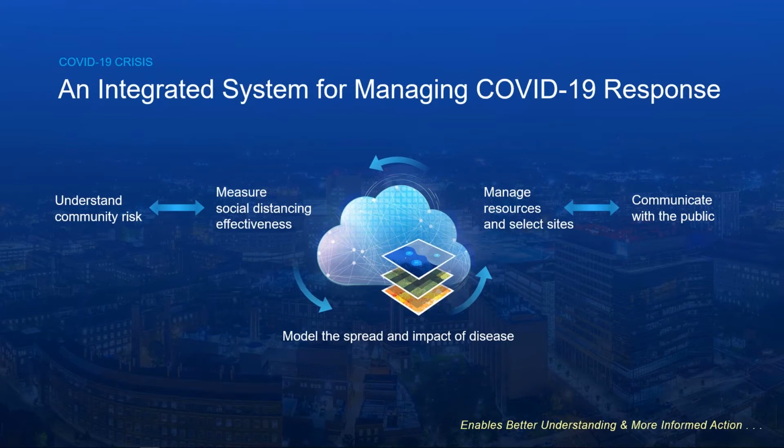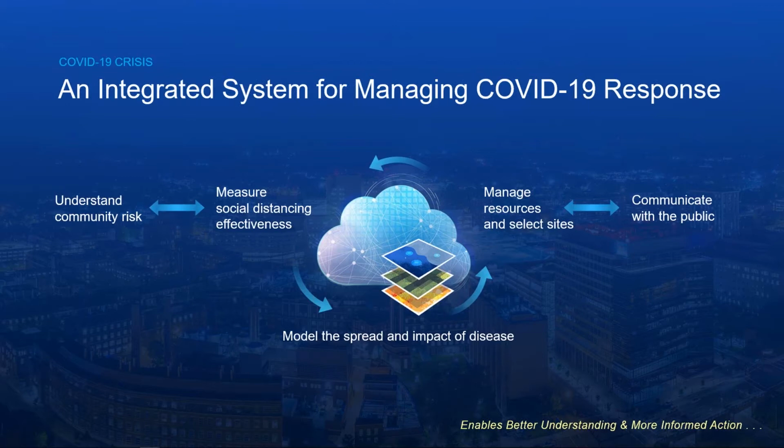It's an integrated system and also an iterative system. It supports each phase of the response. And while we may be in a different stage of the pandemic, or maybe we're even reopening, we are still seeing that we have to respond to the crisis and that new information becomes available every day.